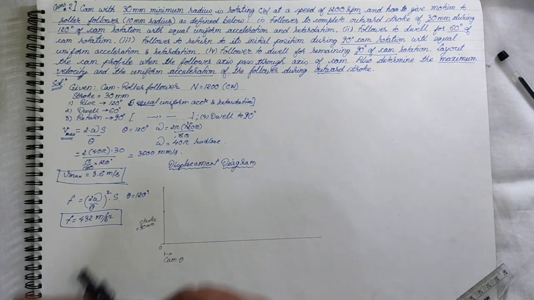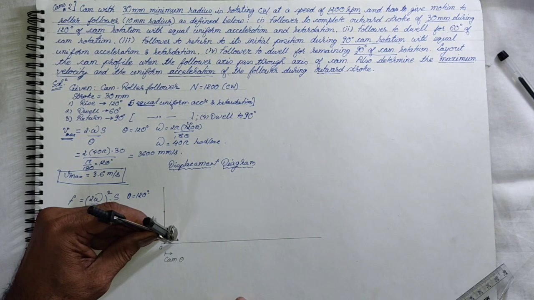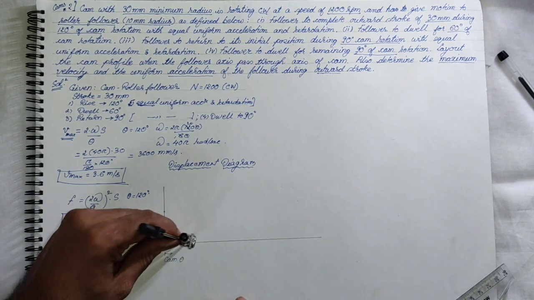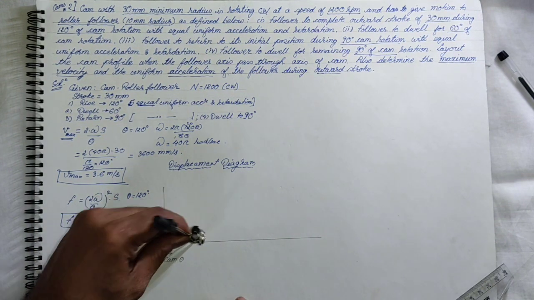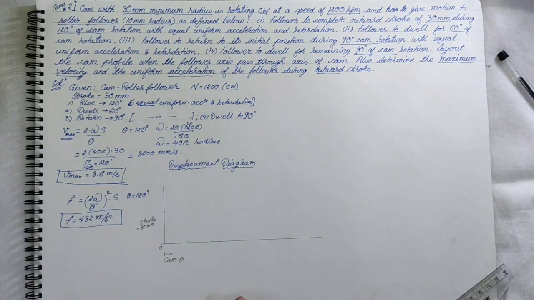So I just mark 6 equidistant points first. So I number it 1, 2, 3, 4, 5 and 6.